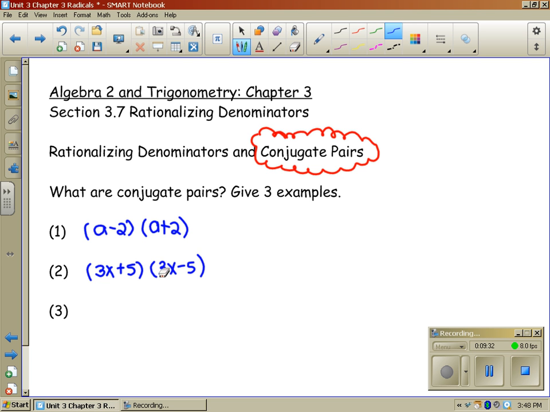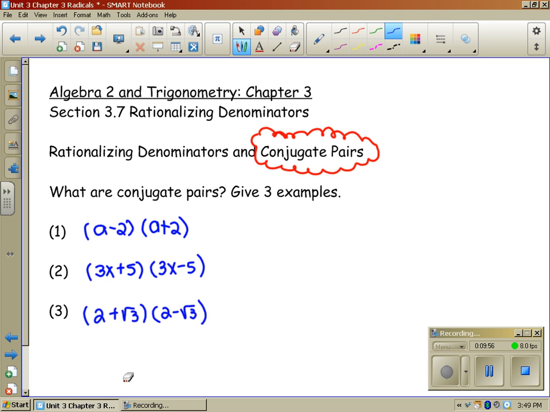Conjugate pairs. 3x, 3x, 5, 5. Signs are different. 2 plus the square root of 3, 2 minus the square root of 3. So conjugate pairs, binomials, meaning two parts, and the only difference is that the signs are opposite.